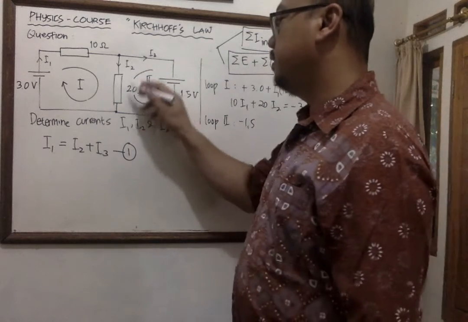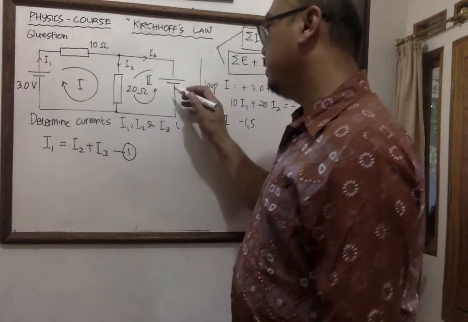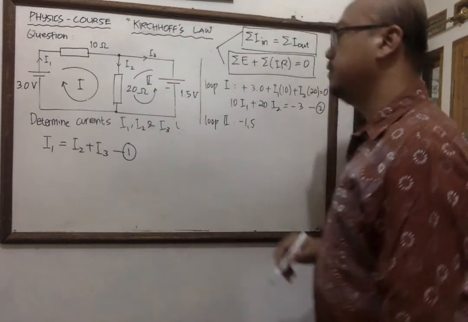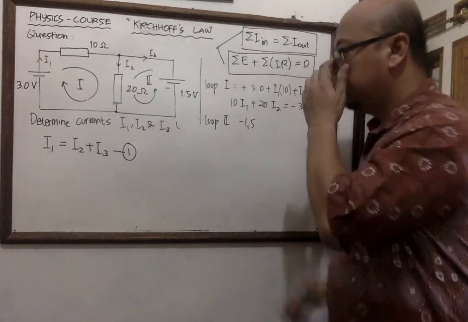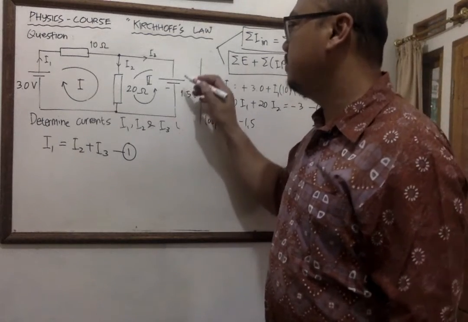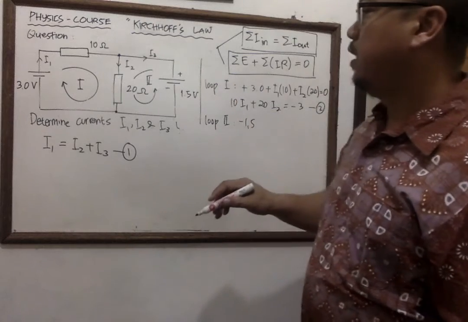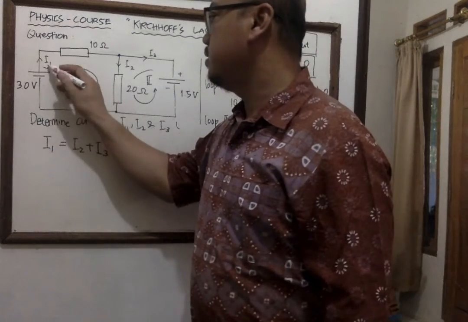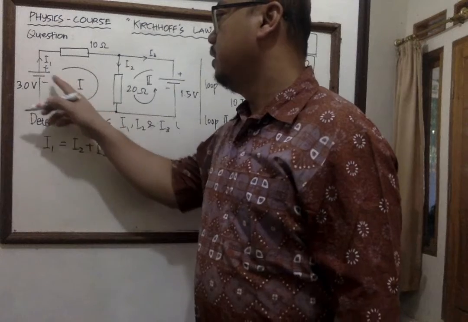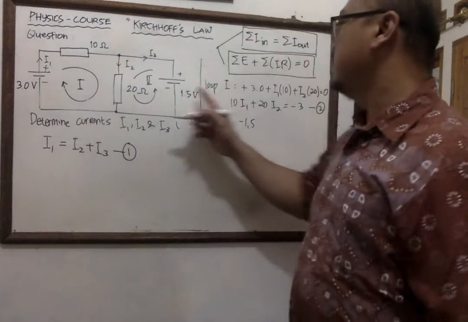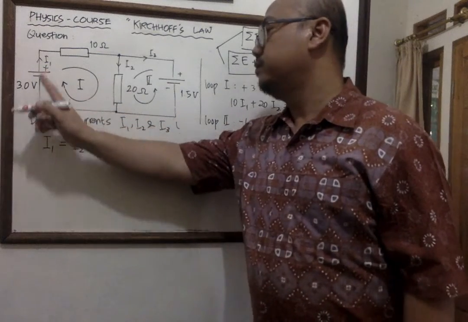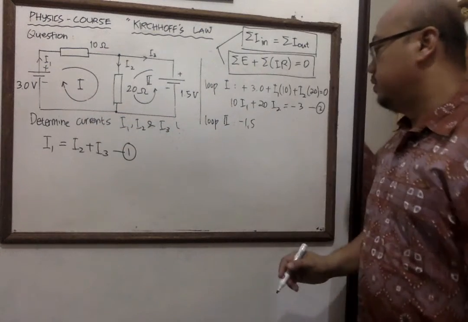Because the loop direction comes to the negative polarity. This is the polarity of negative and this is the polarity of positive. In loop 1, this is positive and this is negative, and we use positive because it comes from the positive pole.